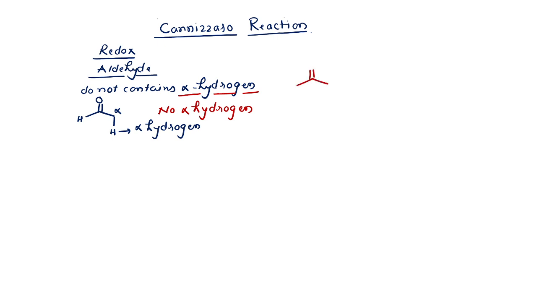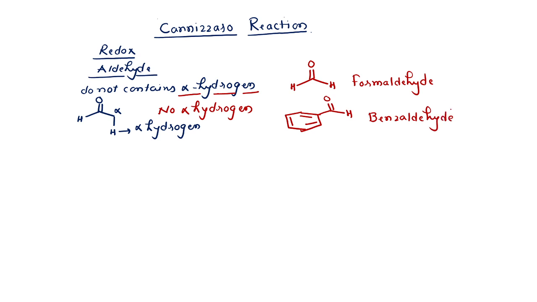First of all, formaldehyde. This is formaldehyde. Then another example is benzaldehyde. These aldehydes do not contain alpha hydrogen.